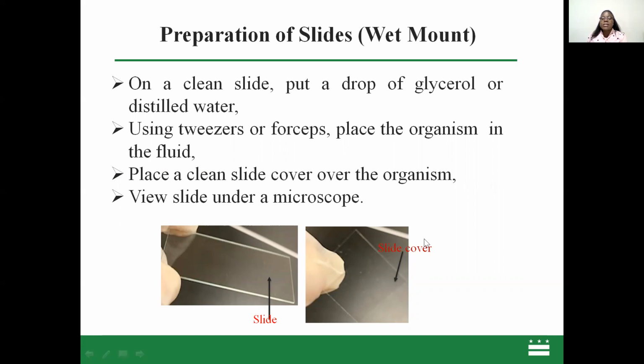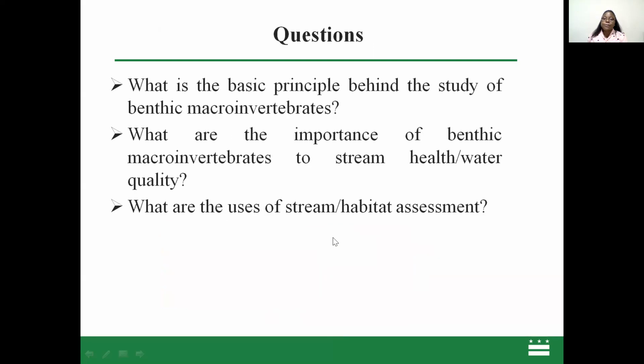Get a clean slide cover like we have in this picture. You cover your organism, wipe the side of the slide of any excess water or glycerol. Then you place your slide under the microscope and view your organism.